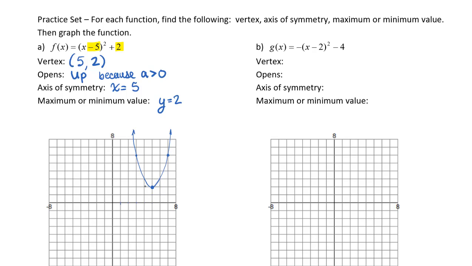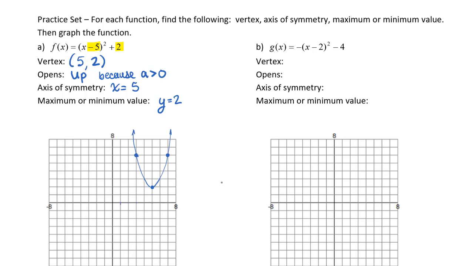It's just been shifted horizontally and vertically. So I have to use the standard shape of a parabola, which is from the vertex over 1 up 1, and then over 2 up 4, which is what happens when you square a number. When you square 1, you get 1. When you square 2, you get 4. That's how I'm counting the points for completing the vertex and the parabolic shape.